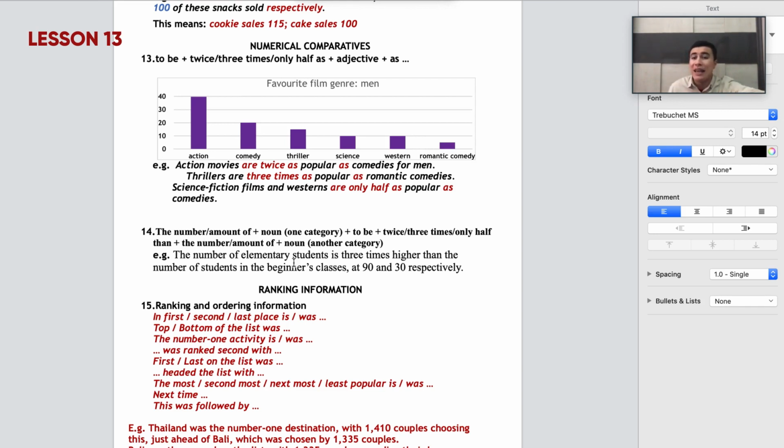So the number of elementary students, so this is one category, is 3 times higher than the number of students in the beginners classes at 90 and 30 respectively. So again, if you remember, respectively means that 90 here is actually the number of elementary students, 30 the number of beginner students.